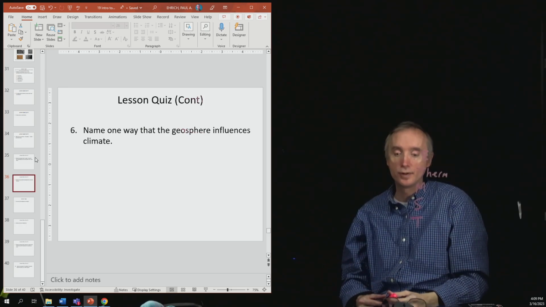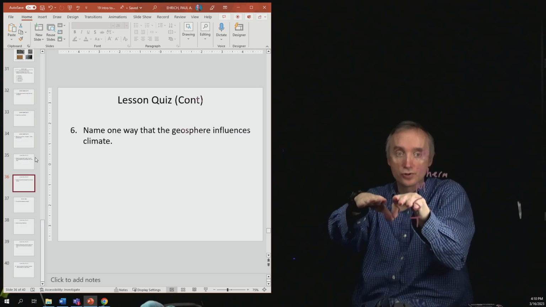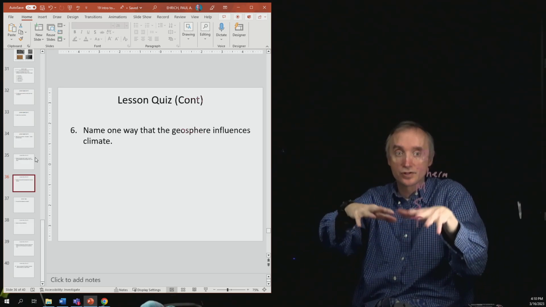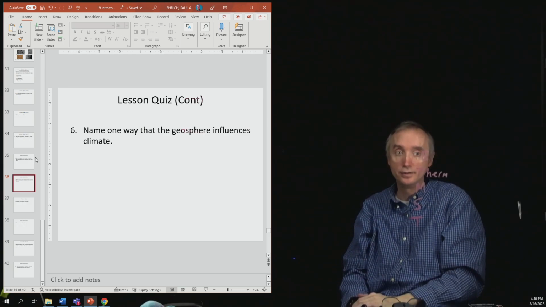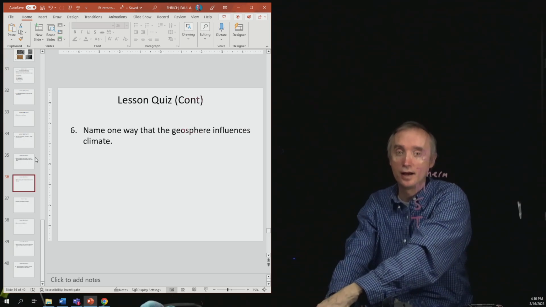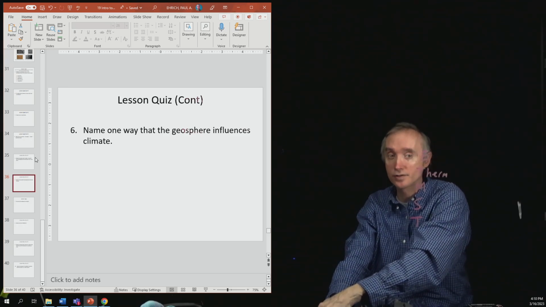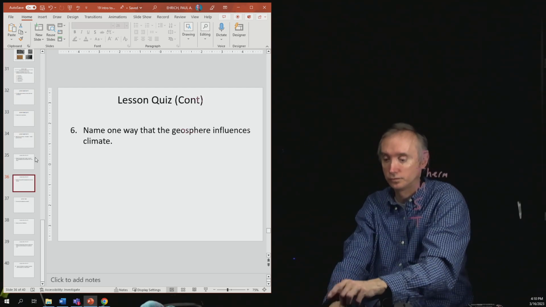We also talked about how the spreading at a mid-ocean ridge can displace water onto a continent. We also talked about volcanoes and how volcanoes release carbon dioxide and how that can cause the greenhouse effect.